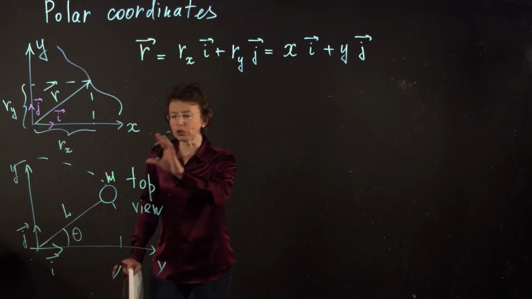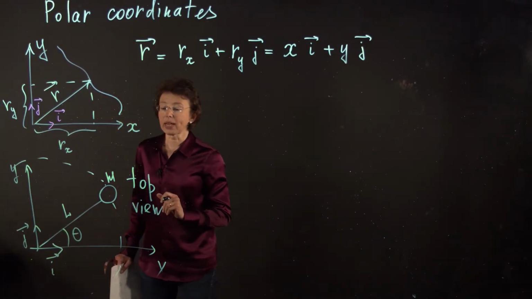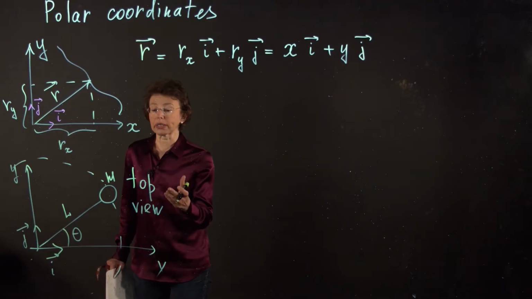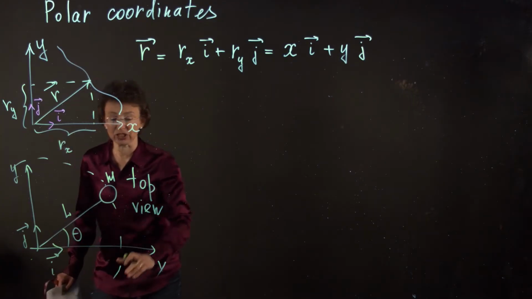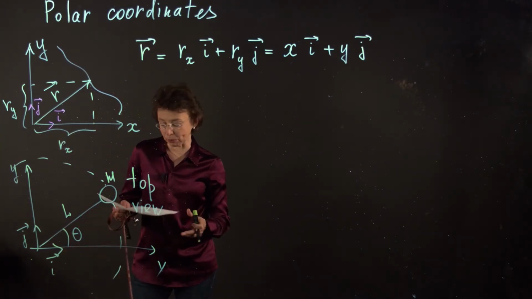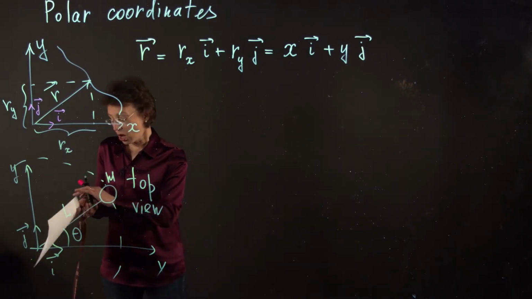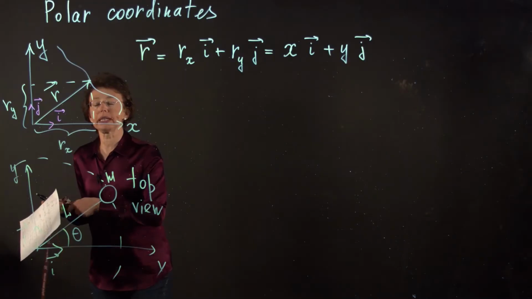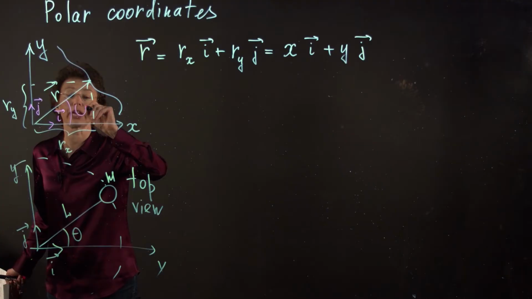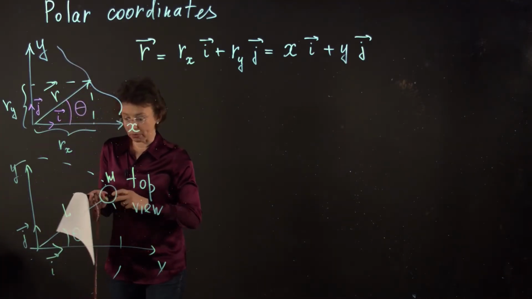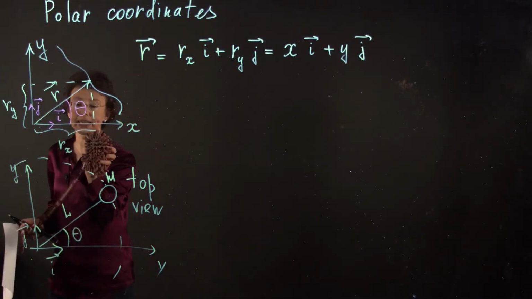So instead of doing that, and instead of going into all this complicated math, we will introduce polar coordinates that will allow us to solve these problems on rotational motion in a simple way. So to do that, I need to introduce what we will call polar coordinates, and those will be r and theta.